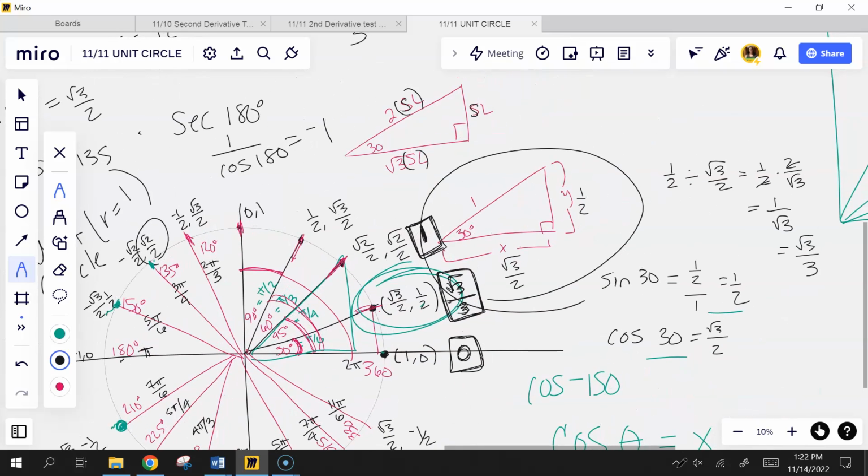So what do you think the tangent value here would be at pi over 3? It would be radical 3 over 3, same thing. Keep simplifying, same thing as the first one. Just square root of 3.